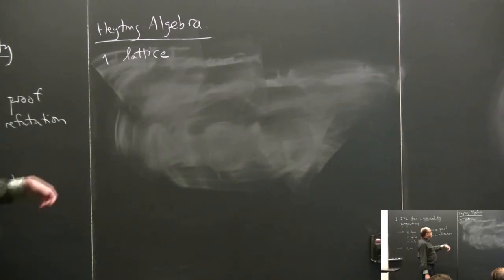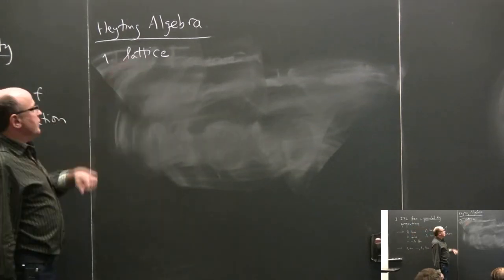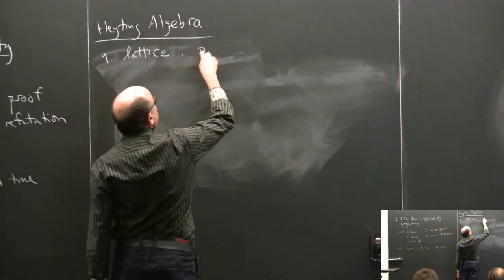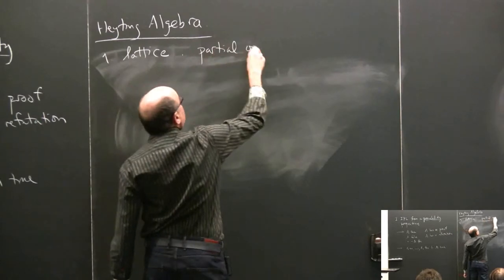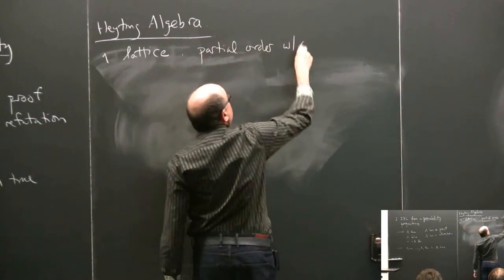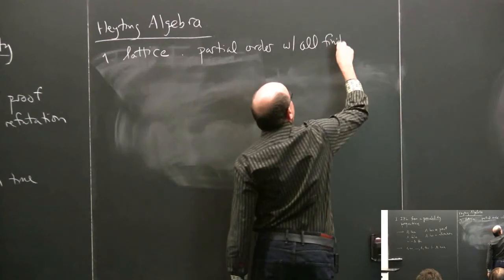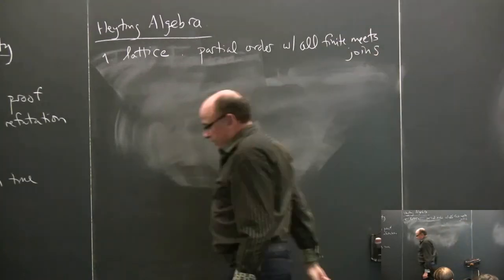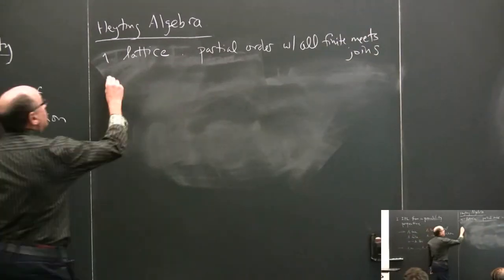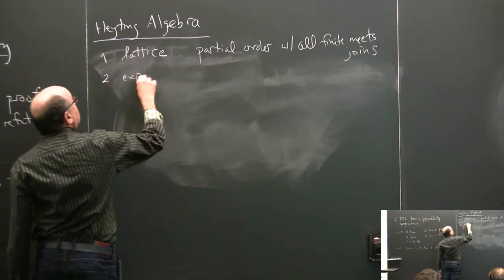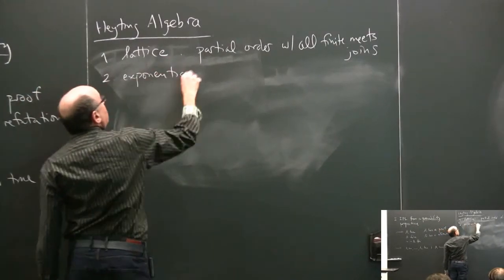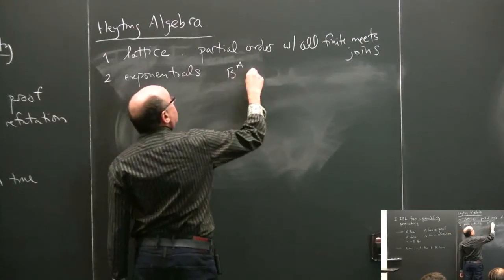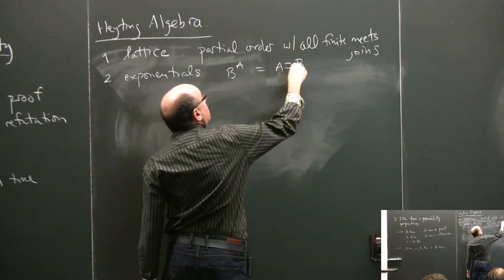But it has a very definite meaning, which we should stick with: a partial order with all finite meets and joins, meaning greatest lower bounds and least upper bounds, and it has exponentials, which are given by implication. So B to the A is given by the implication A implies B.